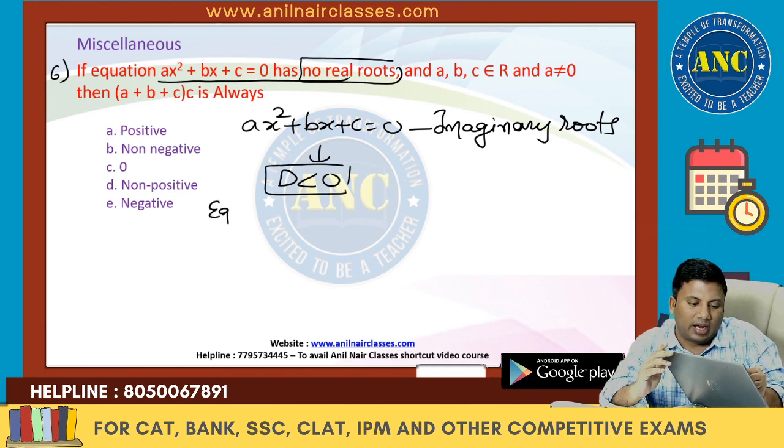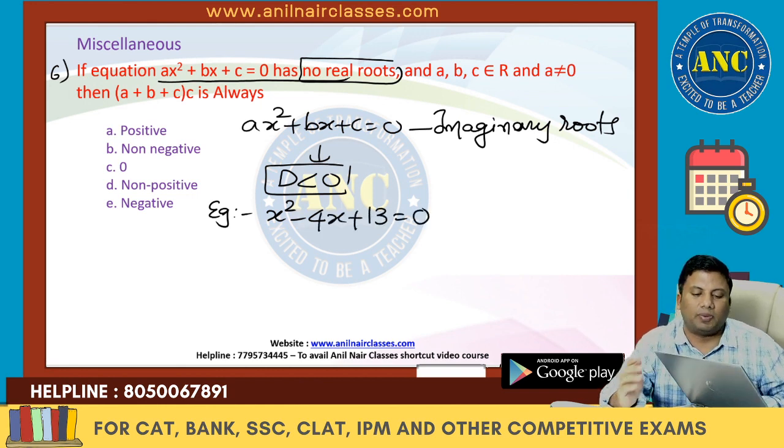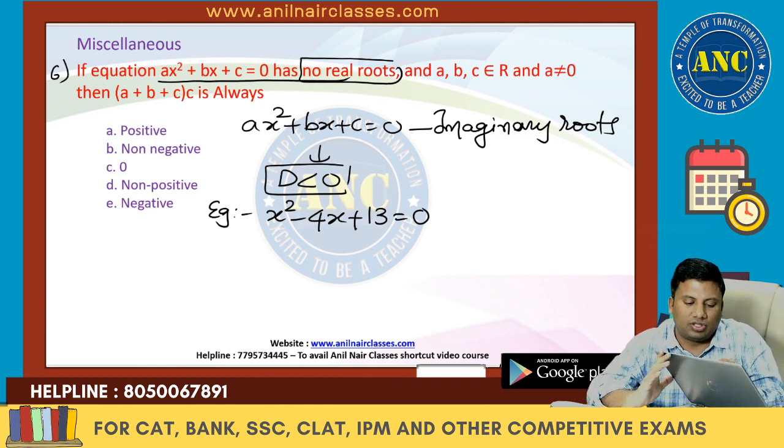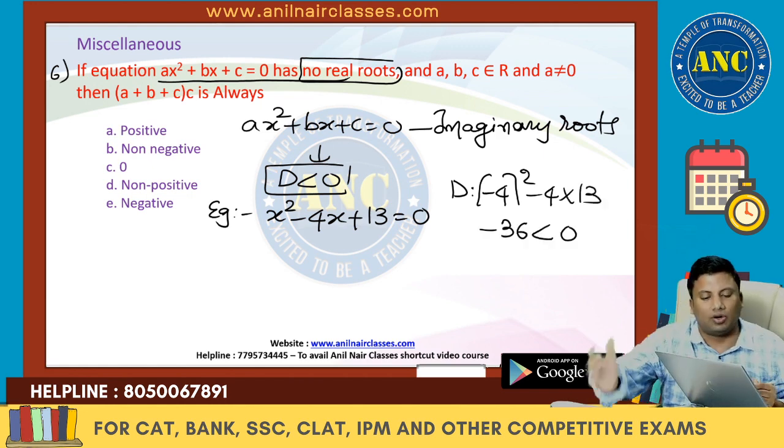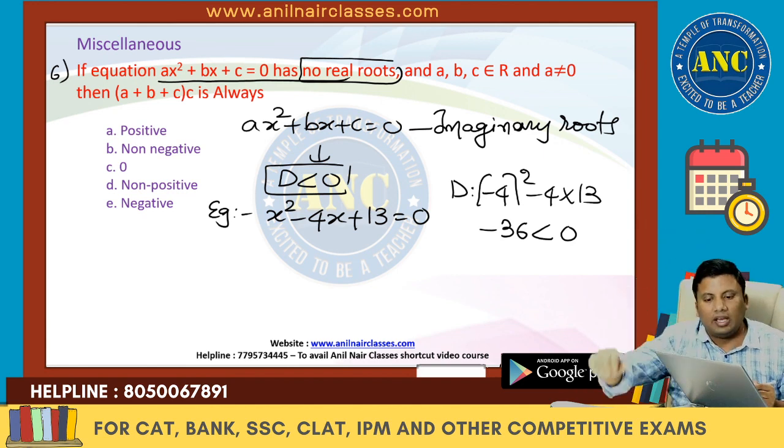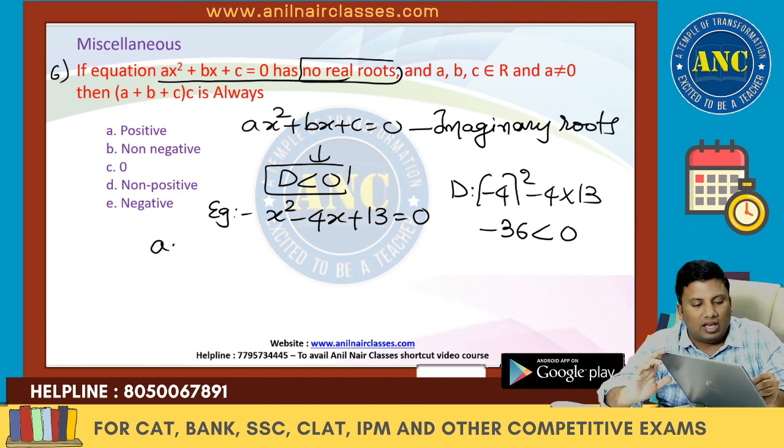Let me take an example of an imaginary root: x square minus 4x plus 13 equivalent to 0. Discriminant is b square minus 4ac, it is minus 36, less than 0. A is 1, B is minus 4 and C is 13.